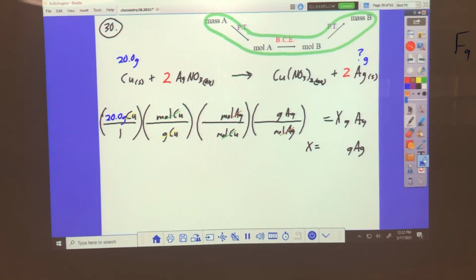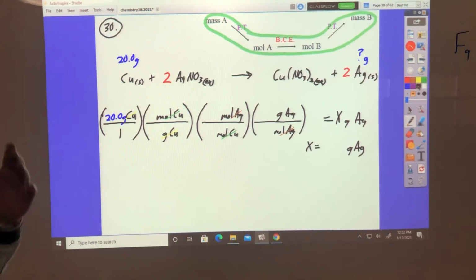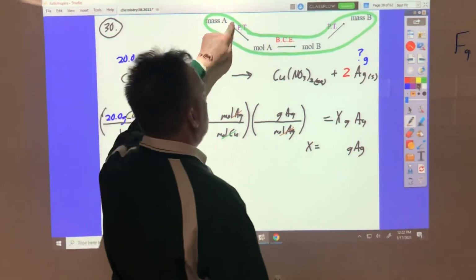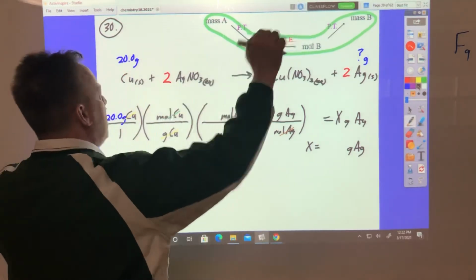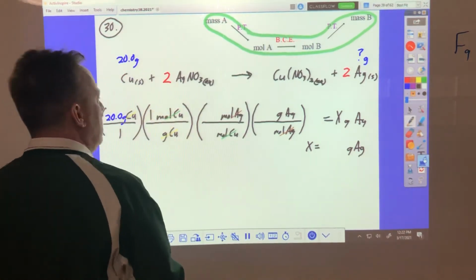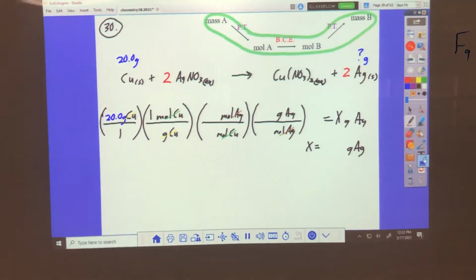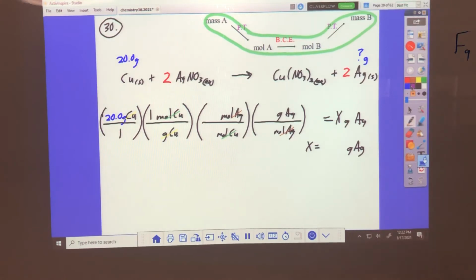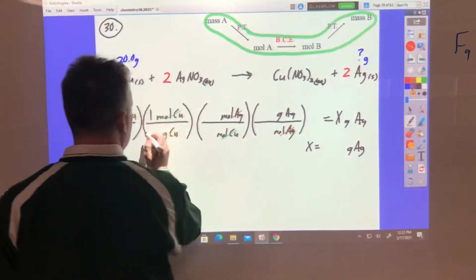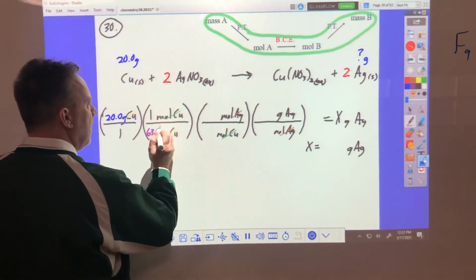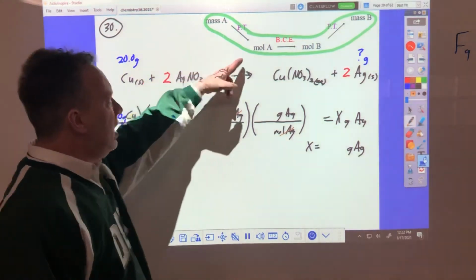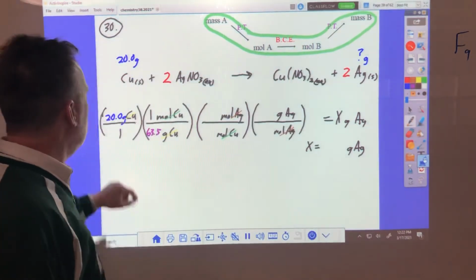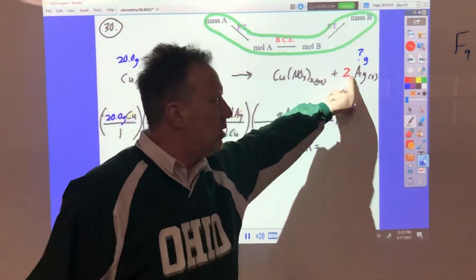All right, we get our numbers from the periodic table. So from the periodic table, a mole of copper is 65.5 grams, I think. 63.5. Yeah, 63.5 roughly. The next step comes from the balanced chemical equation. 1 copper gives us 2 silver.